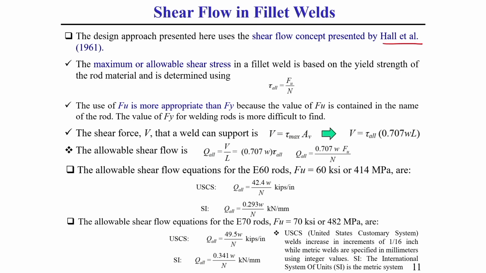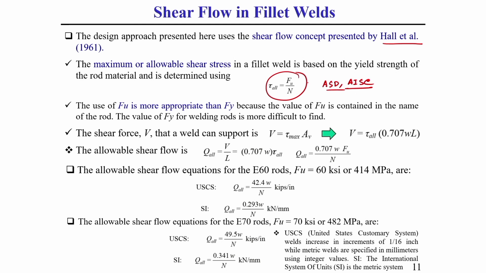Nowadays this approach is also very popular for weld design purposes. Here I have already told you the allowable shear stress is Fu by n, because we will use the ASD AISC standard.